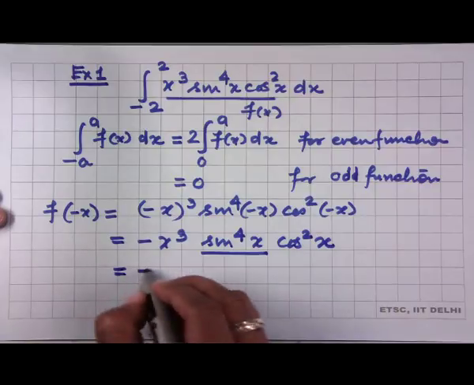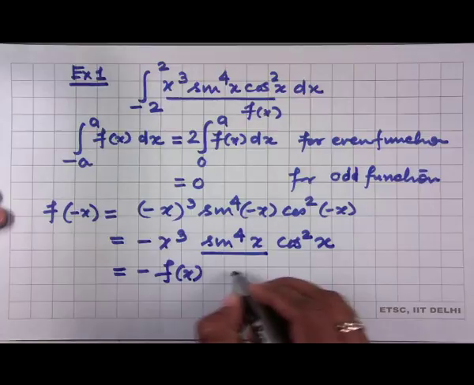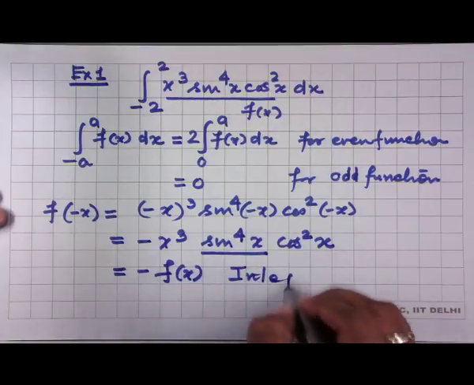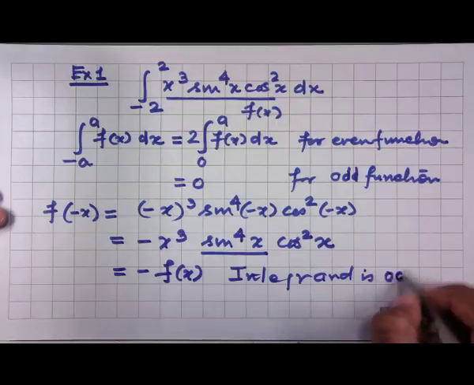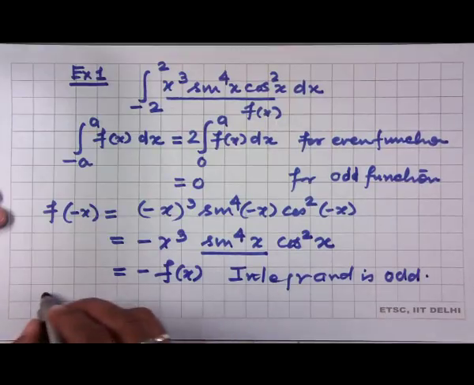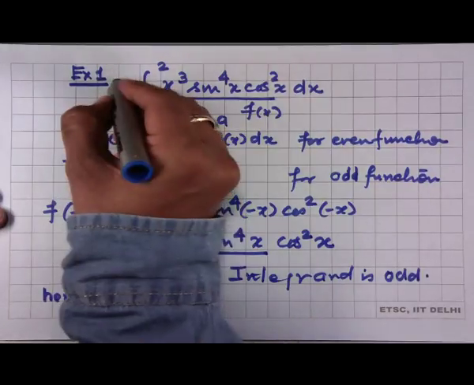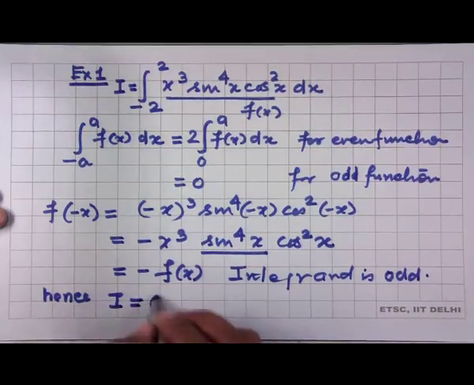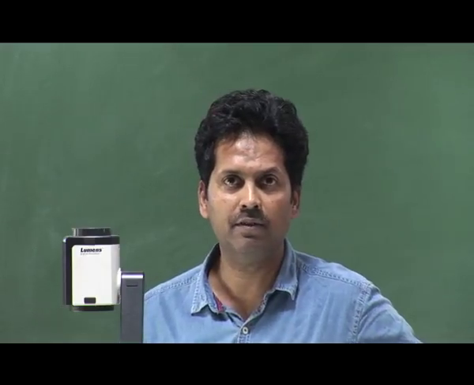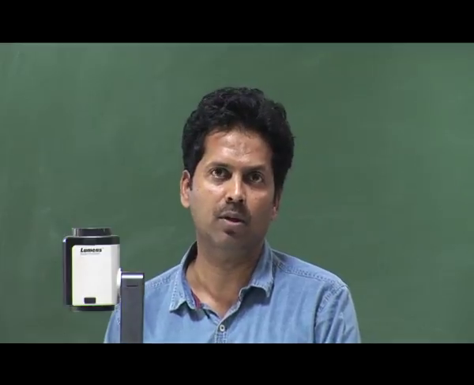Therefore we are getting that f(-x) is minus f(x). So the integrand is an odd function, hence the value of the integral, say it is I, will be 0. You can see that by using the properties of definite integrals you can very easily find the value to be 0 of a very complicated problem.